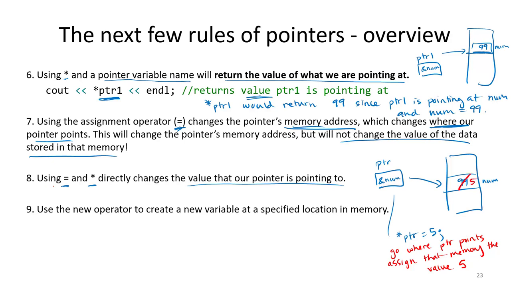So notice using the assignment operator and asterisk directly will actually allow us to change the value in the memory where our pointer points. So we can actually directly change this variable num and change it from 99 to 5.